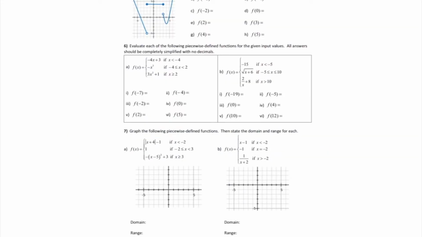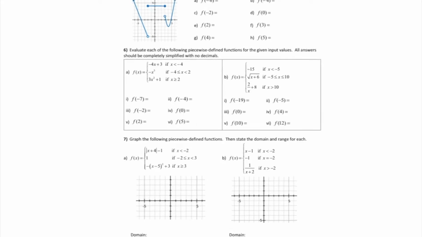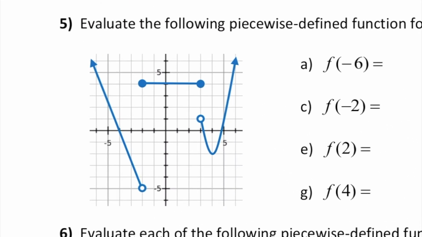In problem number 5, you will need to be able to look at the graph of a piecewise function and determine the value of the function for given inputs. So meaning you're going to need to find a y value to match the given x values.